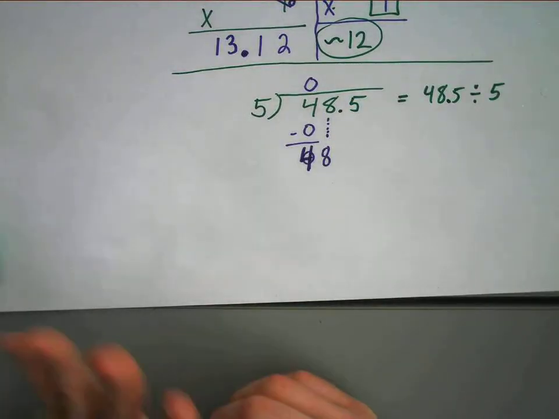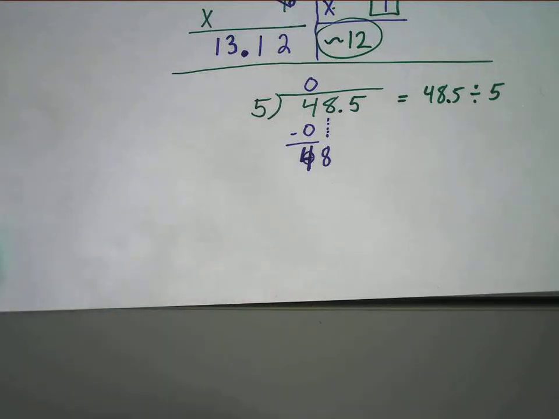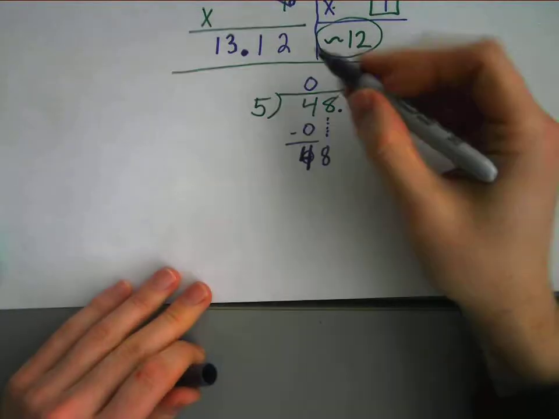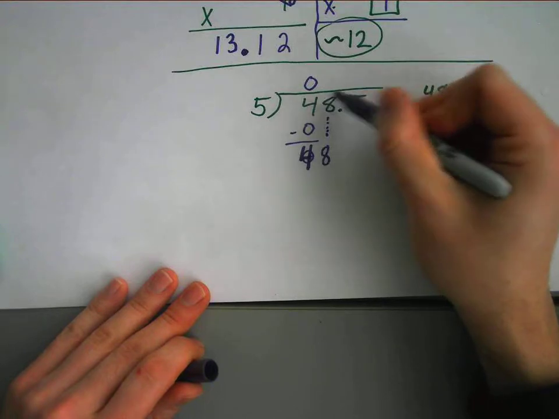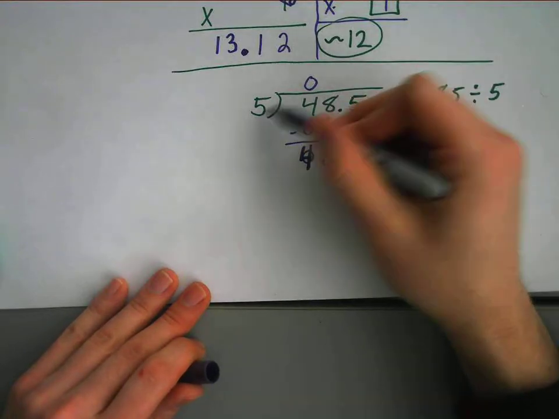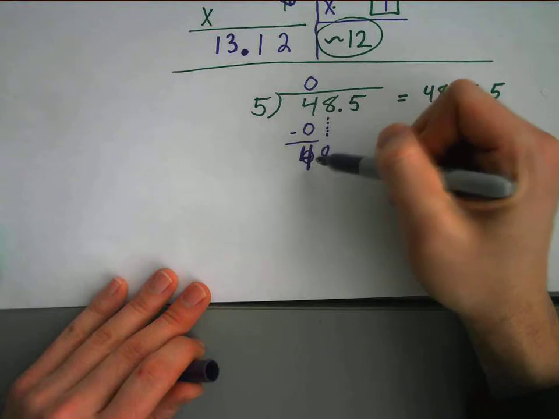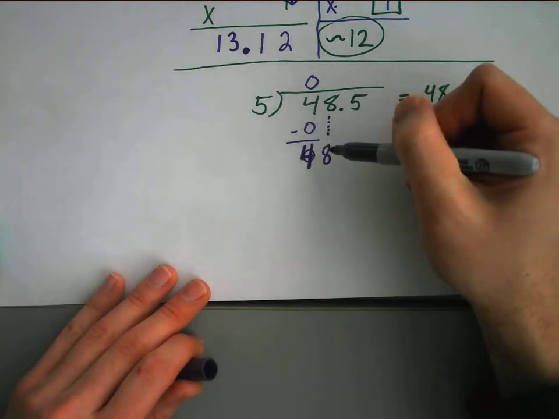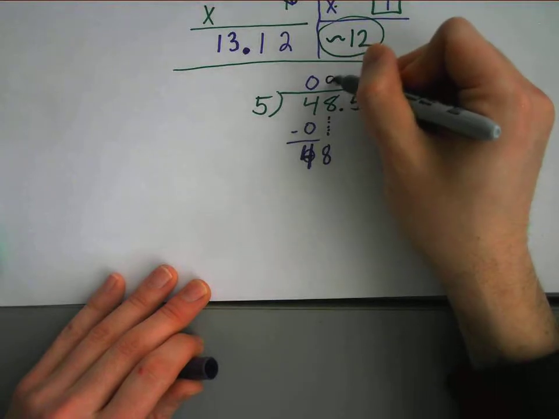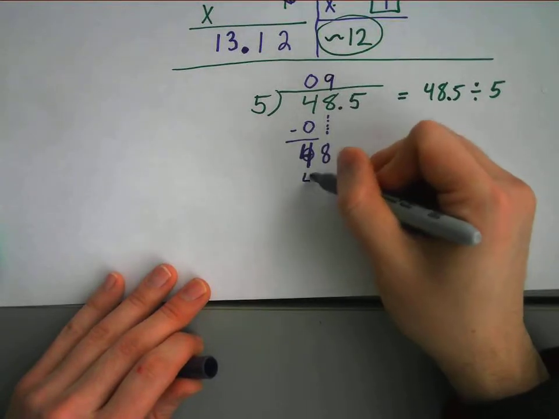Hold on. Eris. Yes, but when you're doing decimals, some people forget the 0 at the beginning and then they get confused where the decimal goes. So it's a little bit easier if we put the 0 in just so we can see it. So now we do 5 goes into 48 how many times? 9. 9 times, which makes 45.